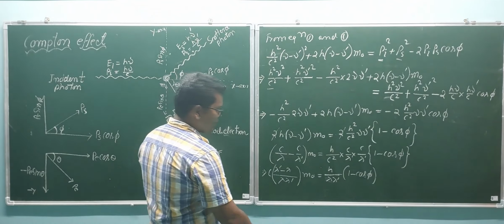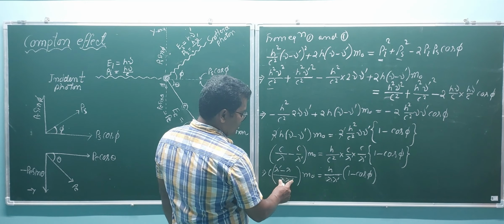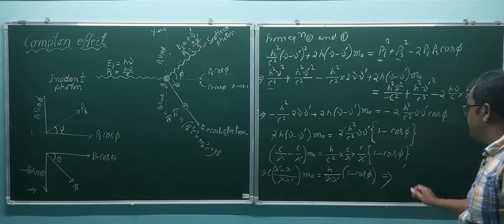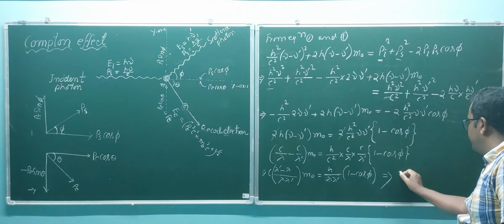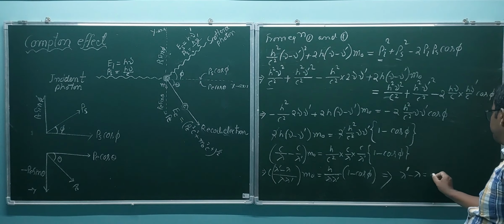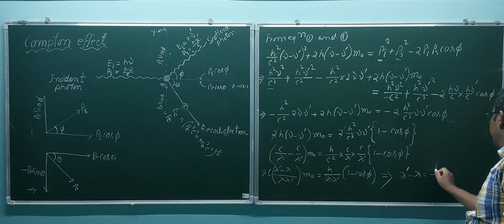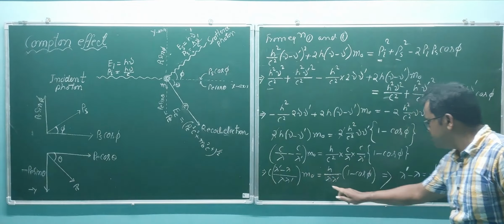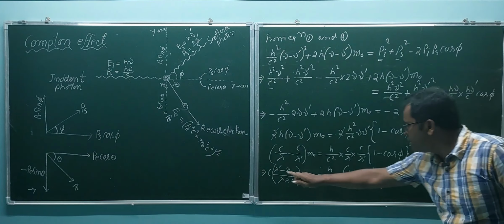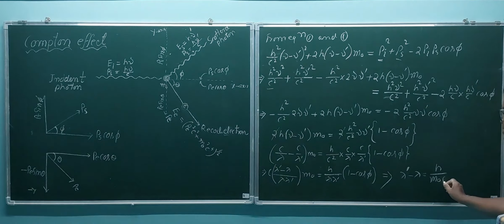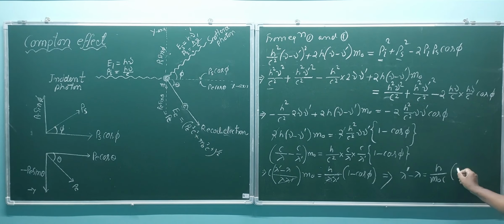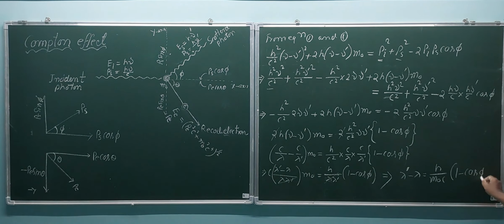Now you see, this cancels out. Finally we will get lambda prime minus lambda equal to h by m naught c times 1 minus cos phi.